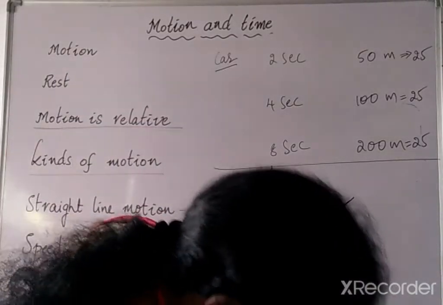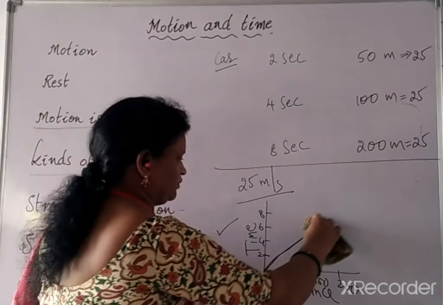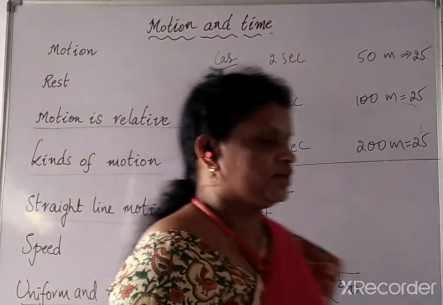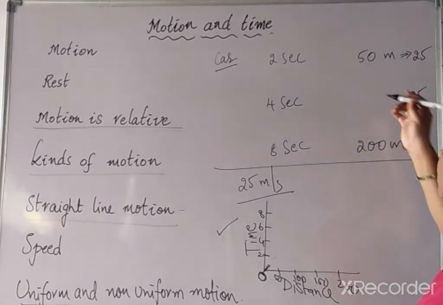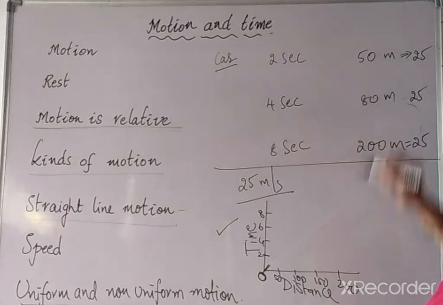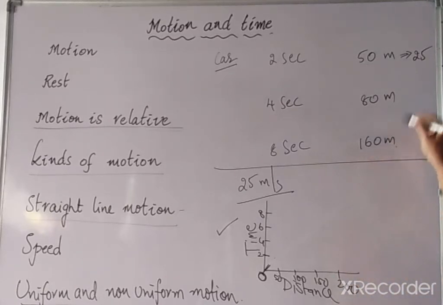Now, how do we get the graph for non-uniform motion? Here only I will show. This car is able to travel 15 meters in 2 seconds, but in the 4th second, if you observe, it travels some 80 meters. Now the speed will differ. In 8 seconds it travels some 160 meters.